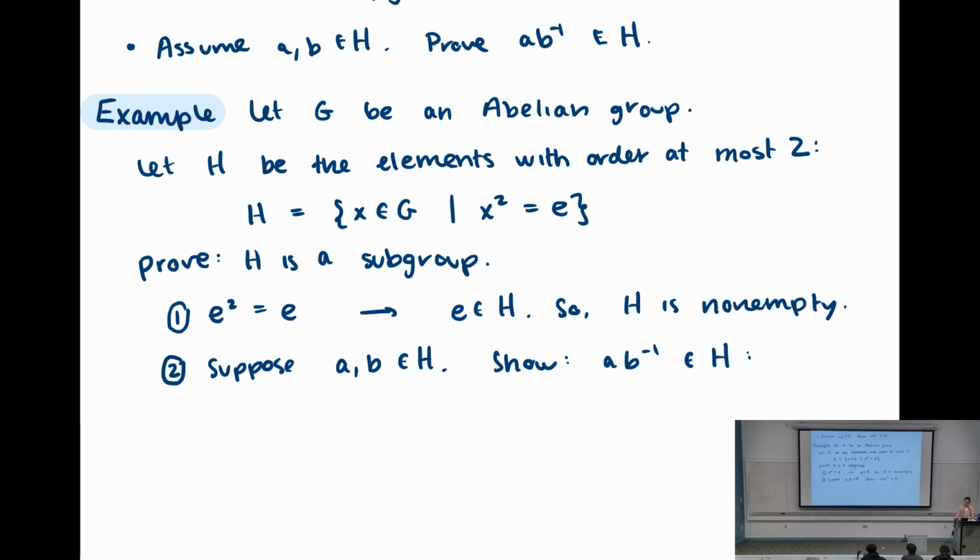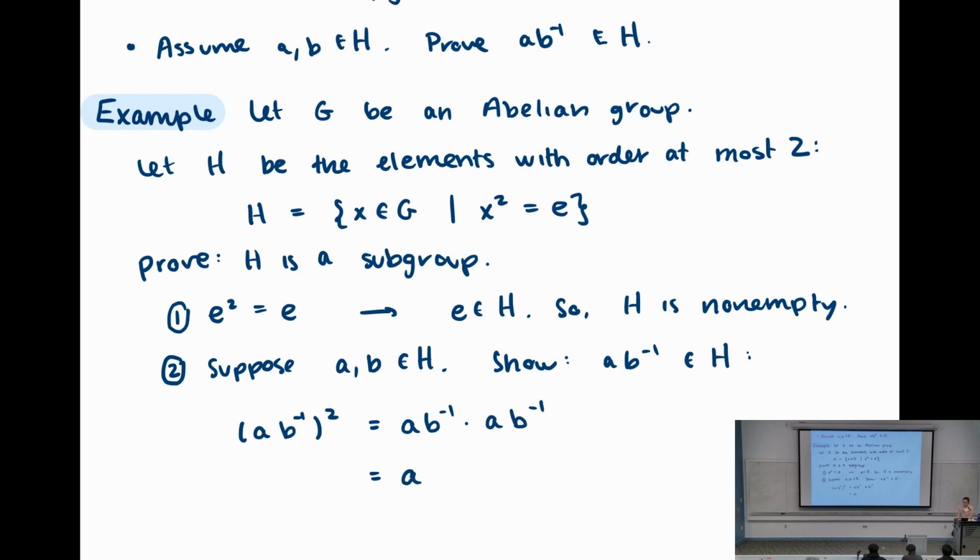So let's just do a little calculation. We want to take a look at this element AB inverse and see if it satisfies this criterion. So we'll take AB inverse and square it. That's just multiplying this thing twice, so we get AB inverse, AB inverse. Now, since I assumed that my group was abelian, I can commute these elements.